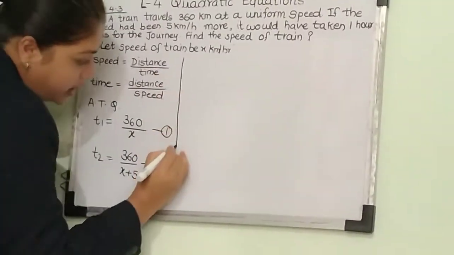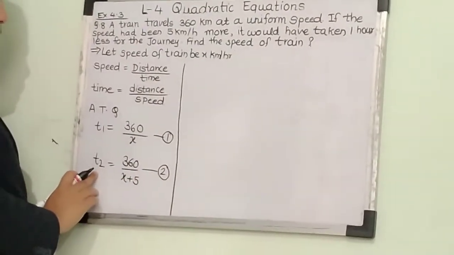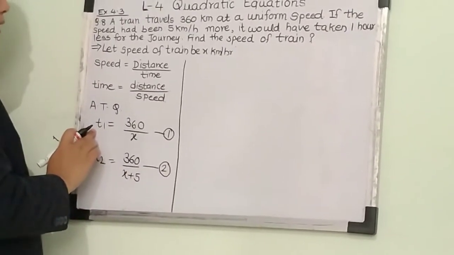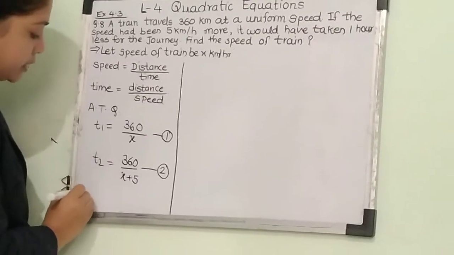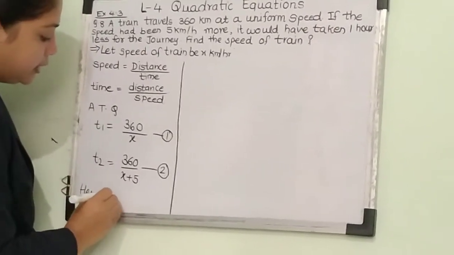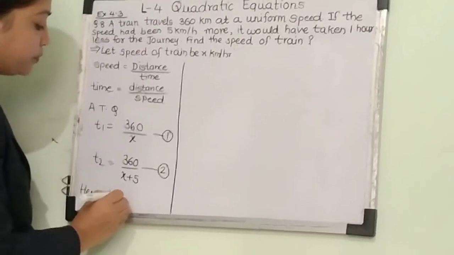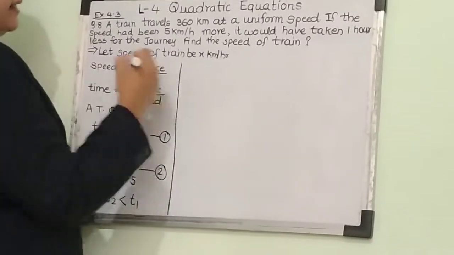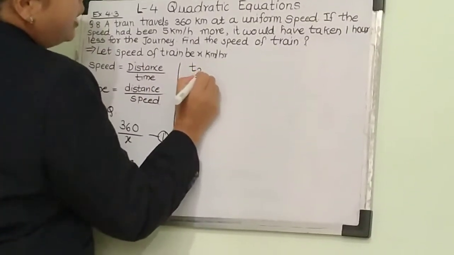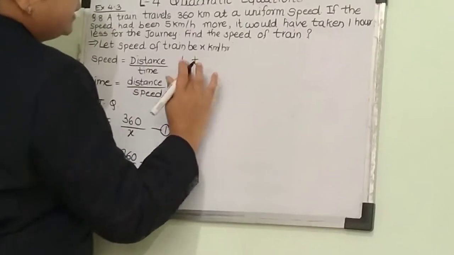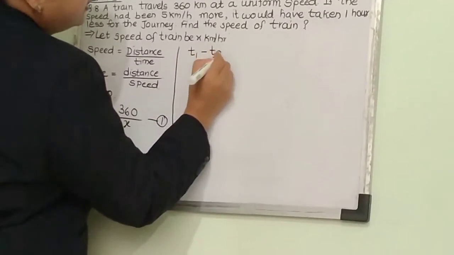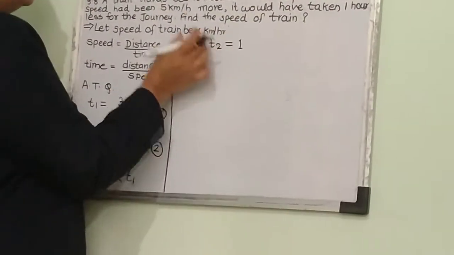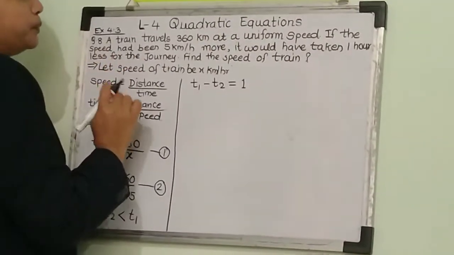It means the time required in the second condition is 1 hour less than the first condition. So t2 is smaller than t1, and we can take the difference as t1 minus t2 equals 1, because the difference between their times is only 1 hour.